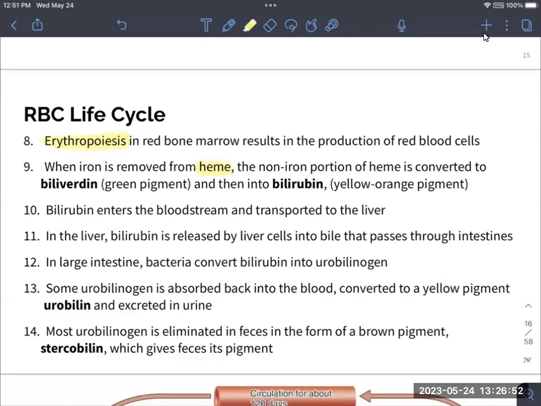But heme gets converted to biliverdin, which is green, or bilirubin, which is that yellowish orange. Bilirubin will go to the liver.